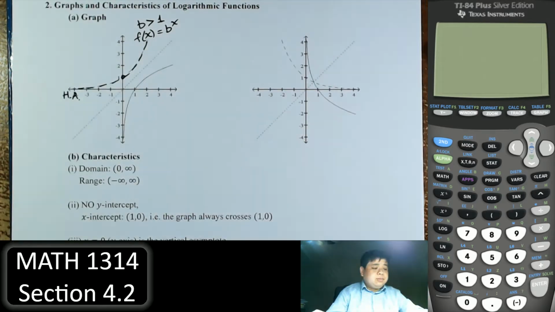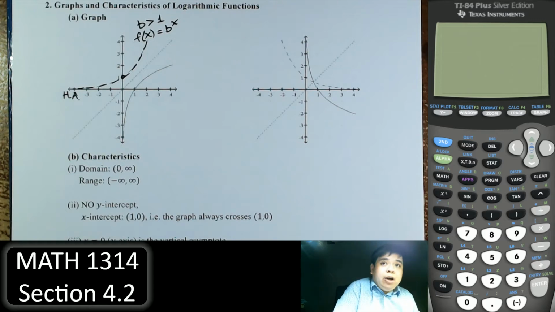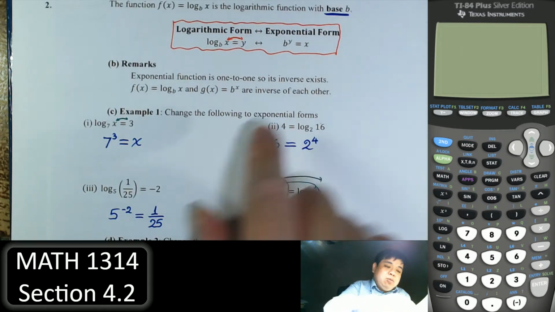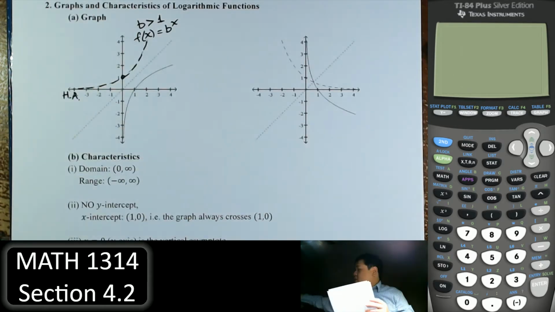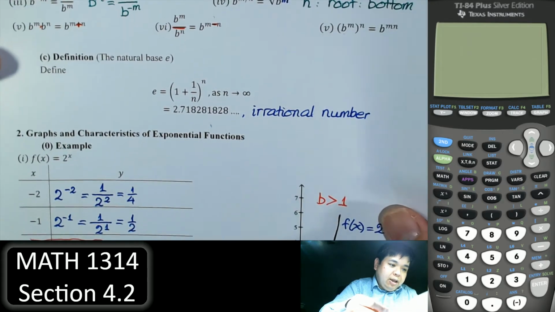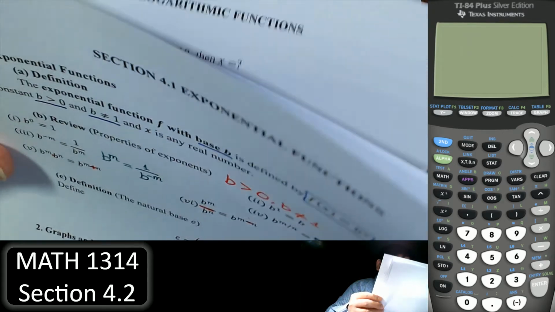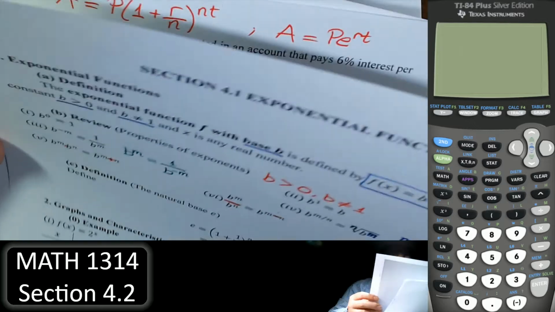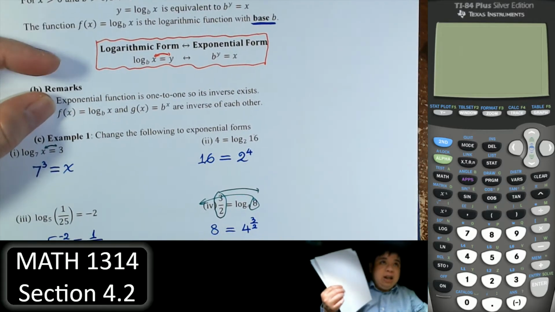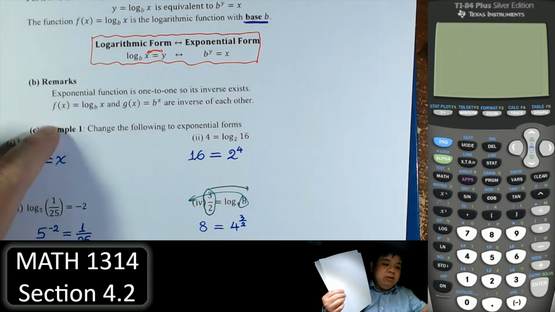Now, remember, we did mention in the previous section, what I mean is, the beginning of this section, that the exponential function and logarithmic function are inverses of each other.